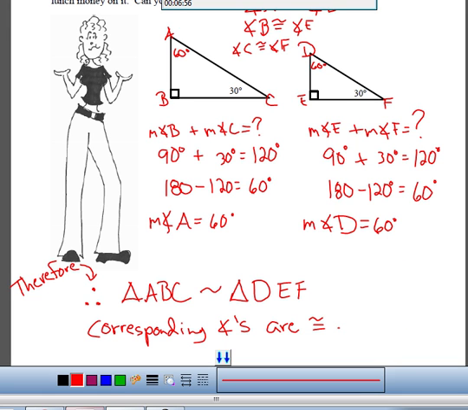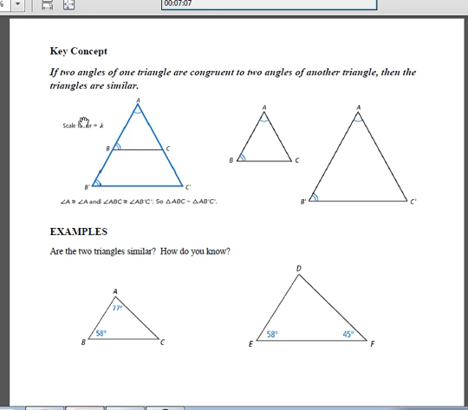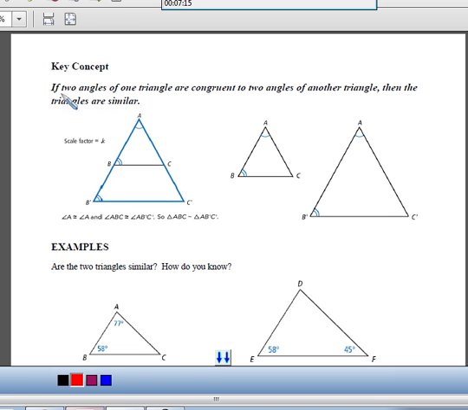Alright, so let's go ahead and take a look at page 22. Key concept. If two angles of one triangle are congruent to two angles of another triangle, then the triangles are similar.